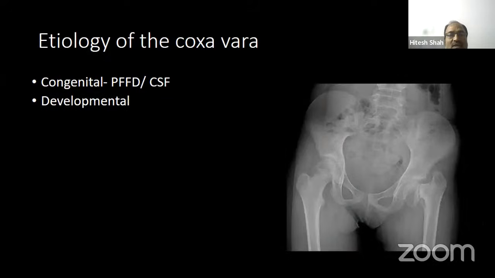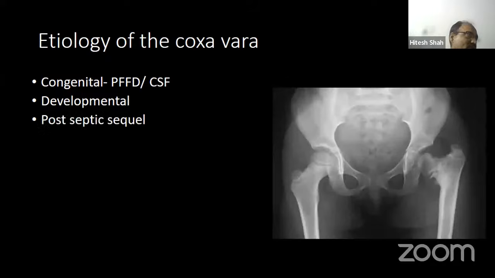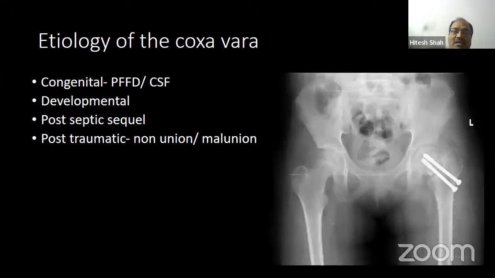Second would be the developmental Coxa Vara, where as the child grows without any reason, the orientation of the proximal physis would not be in a normal orientation, which can lead to the Coxa Vara. It is not uncommon in our country to have a post-septic Coxa Vara, where the proximal growth plate would be affected asymmetrically, the medial and lateral sides affected asymmetrically.